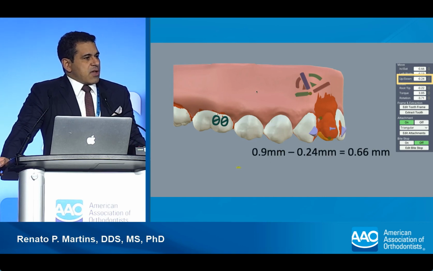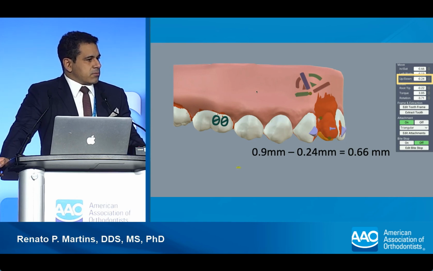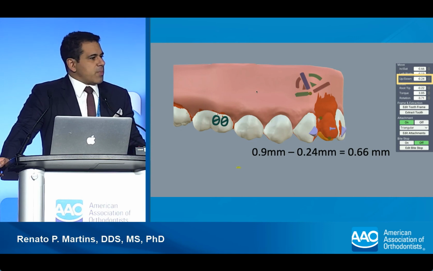And now I can check. I have a total extrusion of 0.9, out of which 0.24 is pure extrusion, which is not very reliable. And what remains, which is 0.66, is extrusion of the incisal edge that's only relative. So 0.66 is reliable, 0.24 not so much.